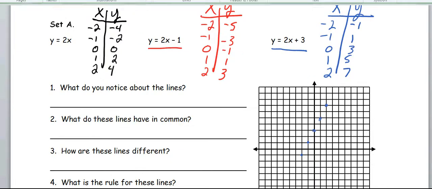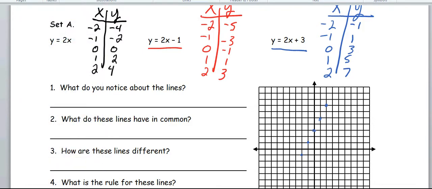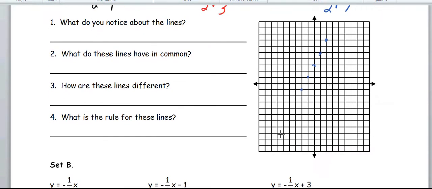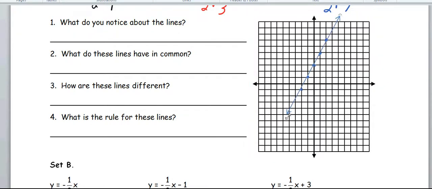And then I'm going to try to do a nice straight line for you. Remember, you need it to go through the points and from one side of the graph to the other.